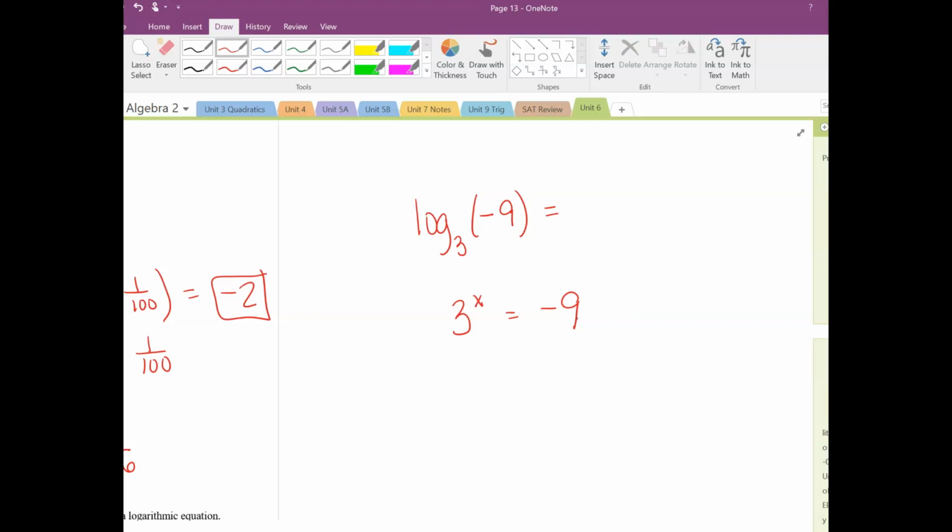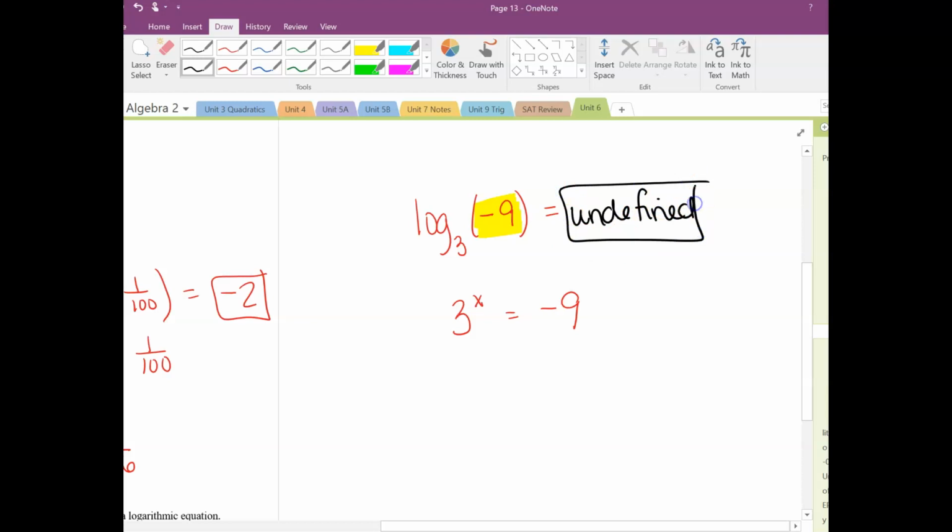I'm going to realize really quickly that I won't get negative 9 out of this, because I'm repeatedly multiplying 3. If I repeatedly multiply a positive number, the result will be a positive number. So anytime the argument of my logarithm is negative, my overall simplification is going to be undefined, because when I raise a positive number to any power, I will always end up with a positive result.